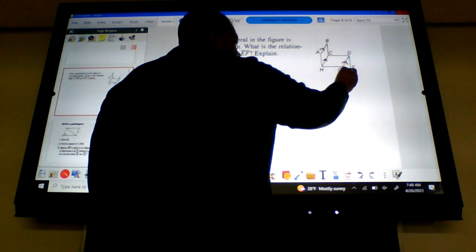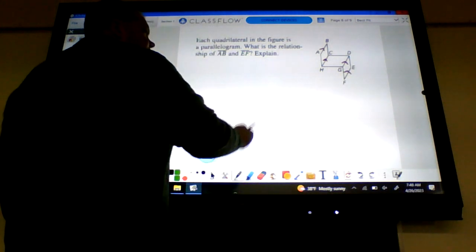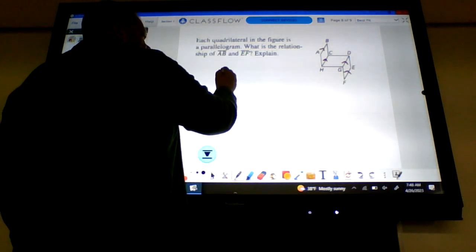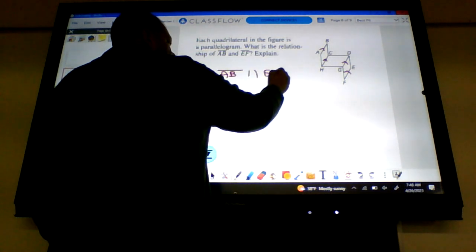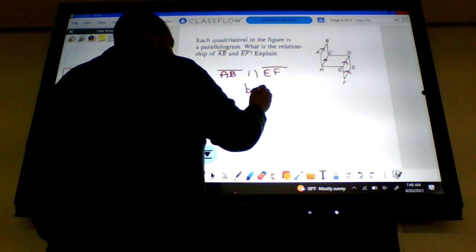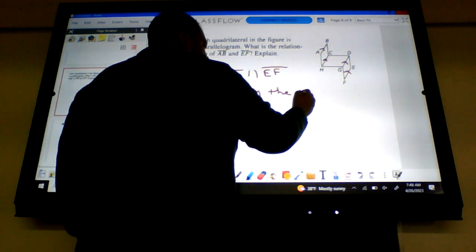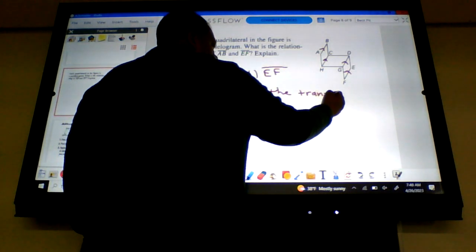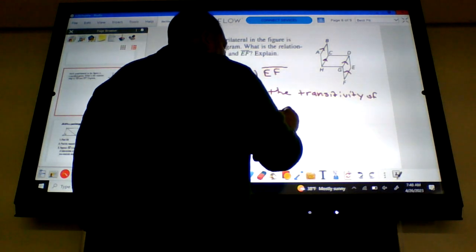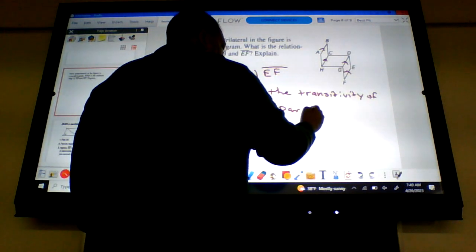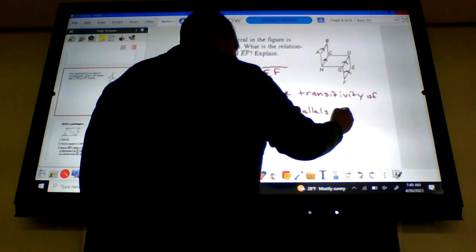And if AB and DG are parallel and DG and EF are parallel, we have that transitivity of parallels that we worked with a long time ago. And segment AB is parallel to EF, okay, by the transitivity of parallels property.